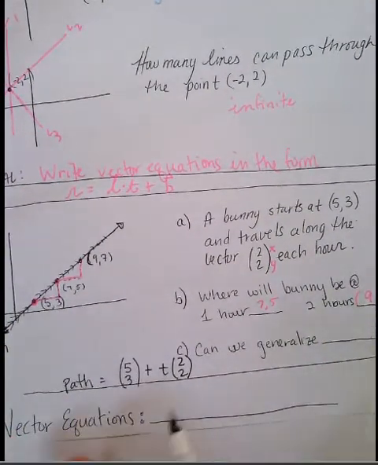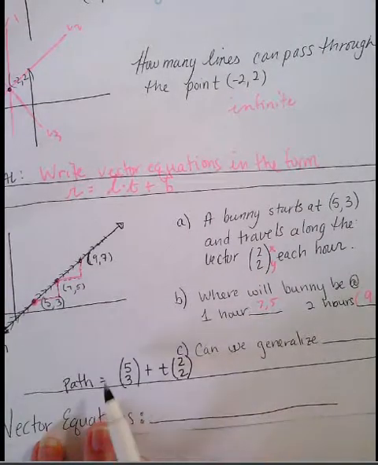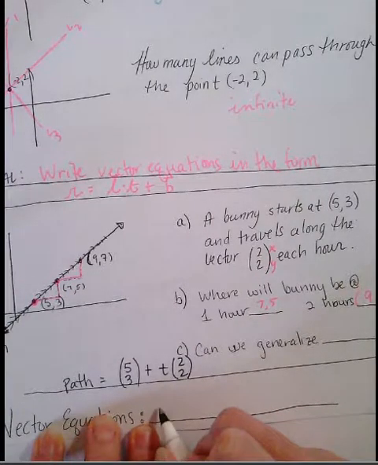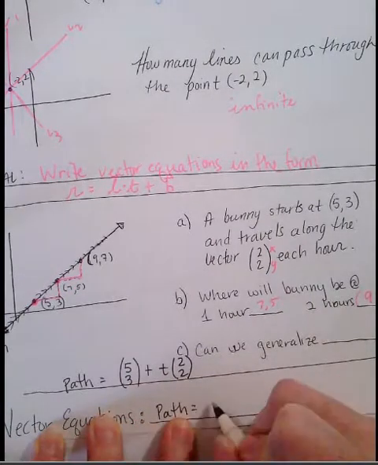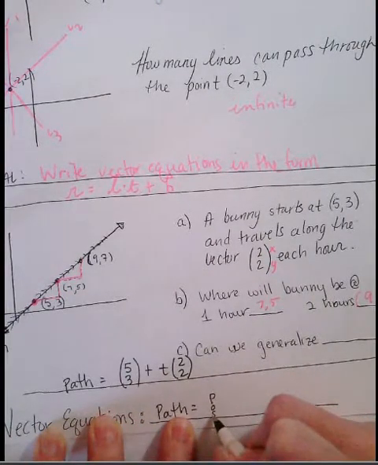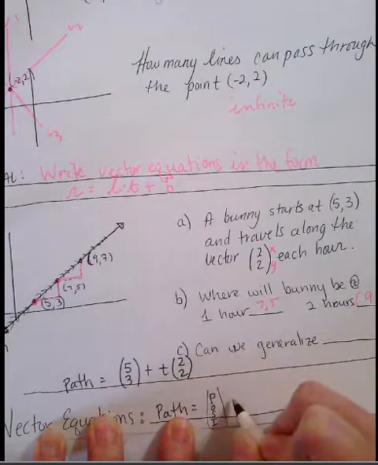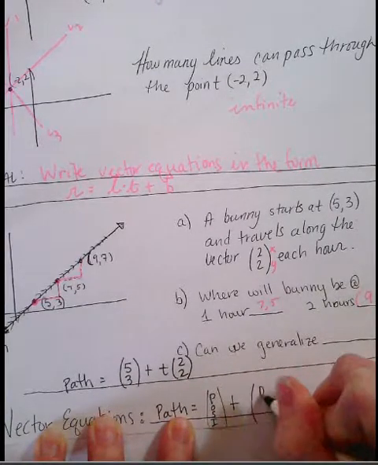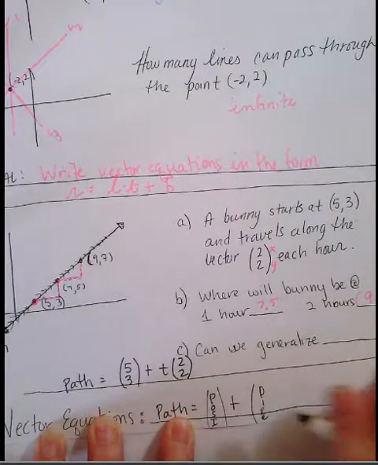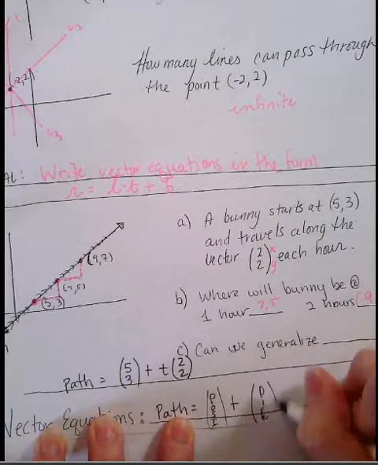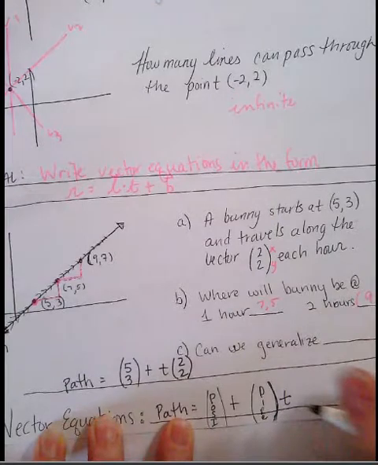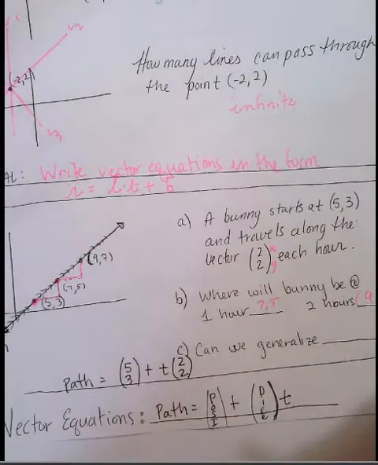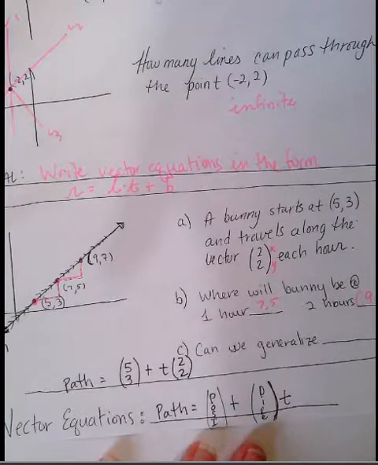So that's what a vector equation is. It's this idea where our path is determined by a position plus a direction times t, where t could represent time, but it could also just represent moving through a pathway.